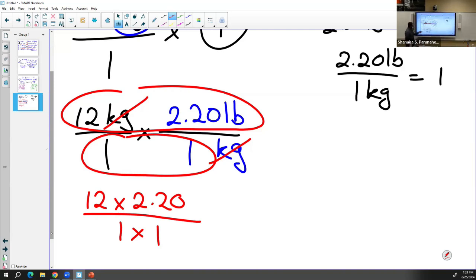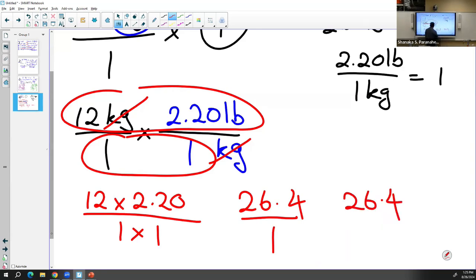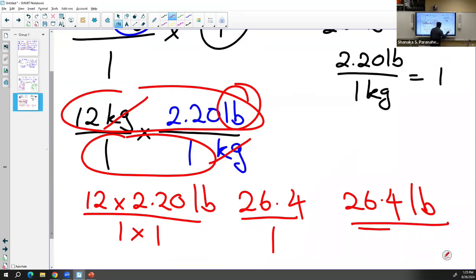Then you divide the numerator by the denominator. 12 times 2.2 is 26.4. Then over 1, so dividing 26.4 by 1 is 26.4. The unit is LB. This is the remaining unit, the final unit is LB.